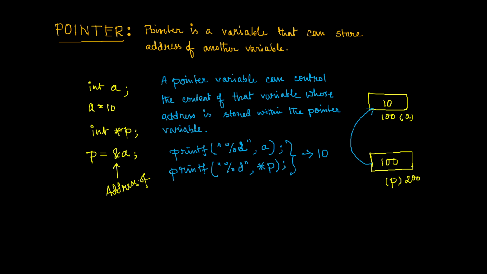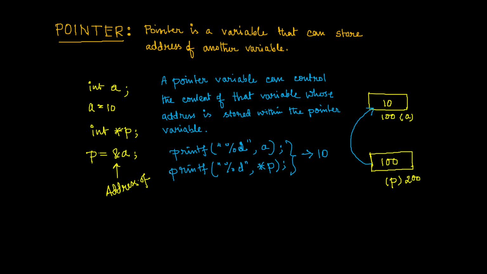And this particular feature gives an enormous opportunity to break the previous limitations. Previous limitations means the problem of swap, the problem of scope. We can resolve them using this pointer variable.